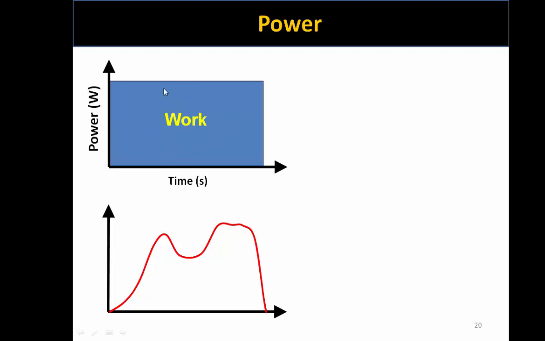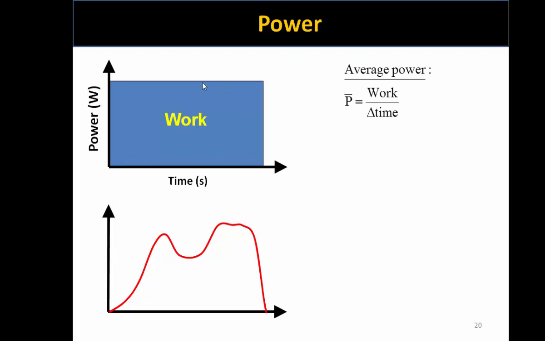What we're basically doing here is calculating the area under the curve. In this particular case, the curve happens to be a straight line. And in this case, we're calculating average power because our delta t, our change in time here, is a fairly wide period of time.